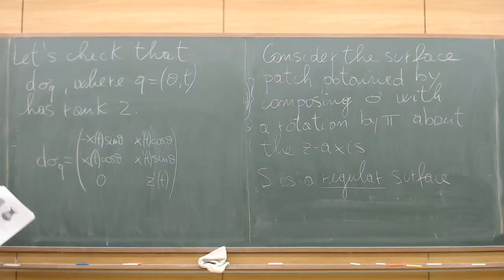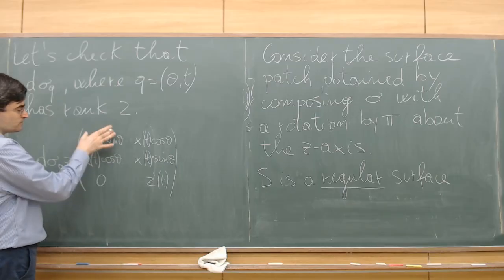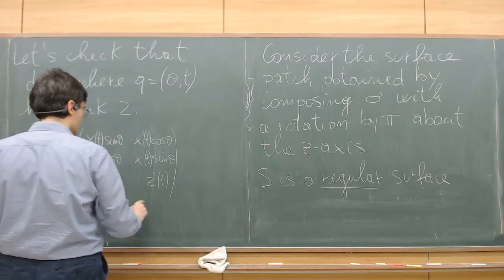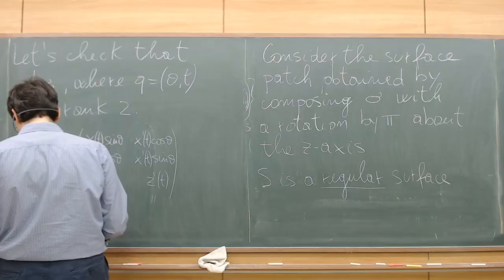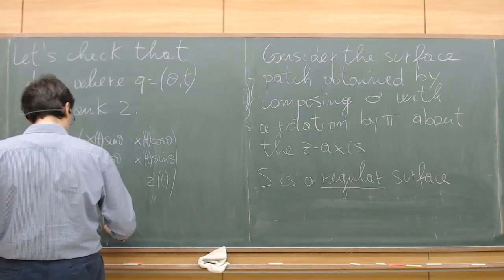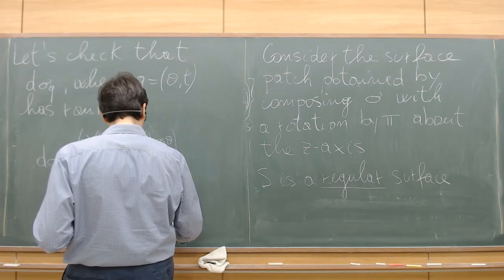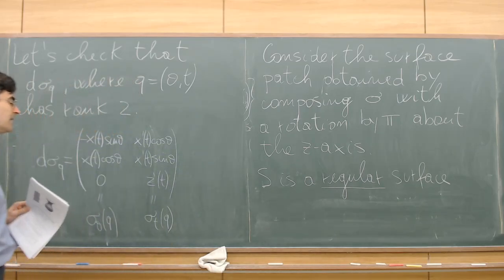We want to show that the rank is 2, so we have to check that the columns of this matrix, which are sigma theta at q and sigma t at q, are linearly independent.